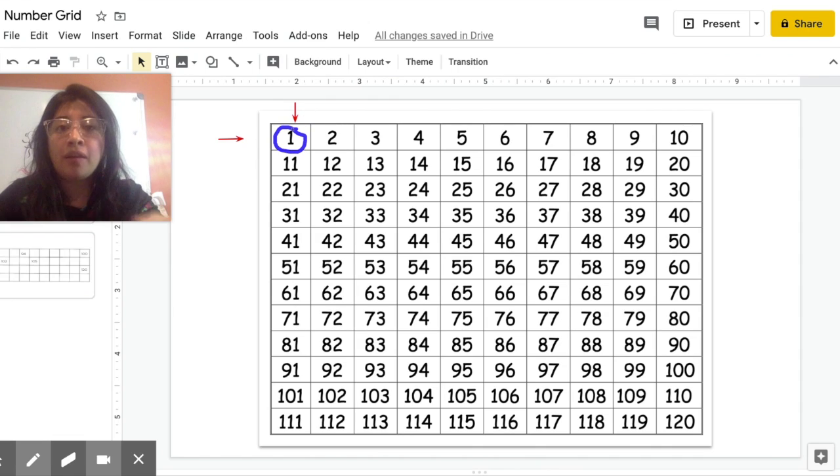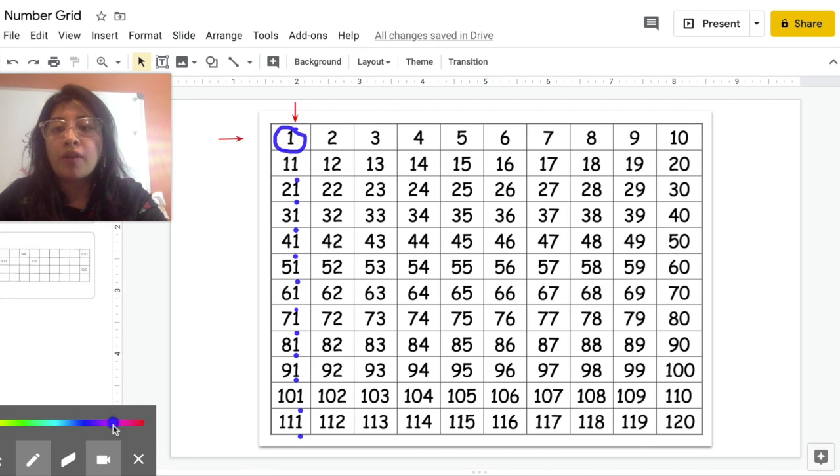And if I think about it and I look carefully, I can see that the number 1 is in the ones place. And also that all of the numbers that are in that column, that means all the numbers that are going down, have the number 1 also in the ones place. See?